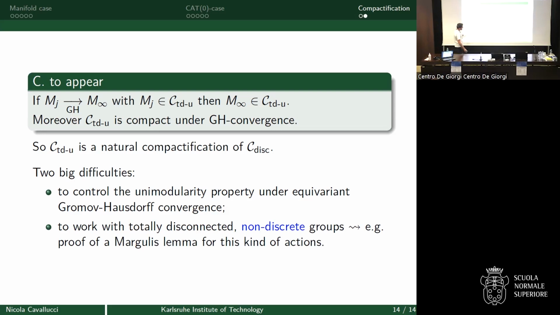So what I did, for instance, I proved a generalization of the Breuillard-Green-Tao Margulis lemma for totally disconnected groups acting on proper spaces. And after that, on CAT(0) spaces, you refine the theory, and you can more or less copy what you did in the discrete case, but you have to do some modifications. So I stop here.